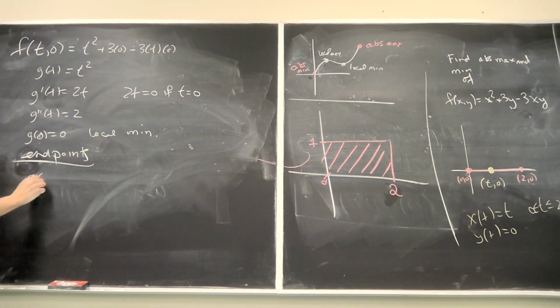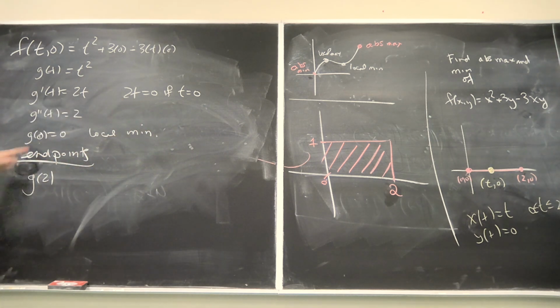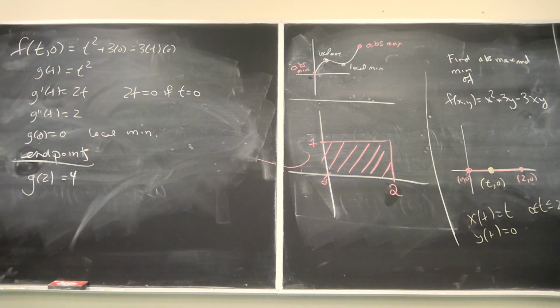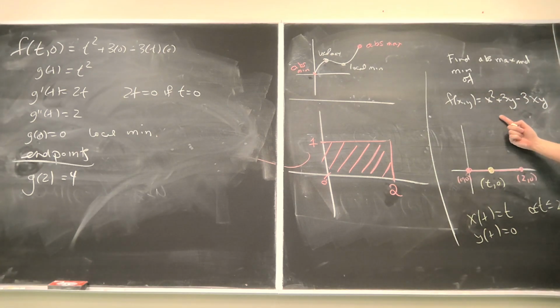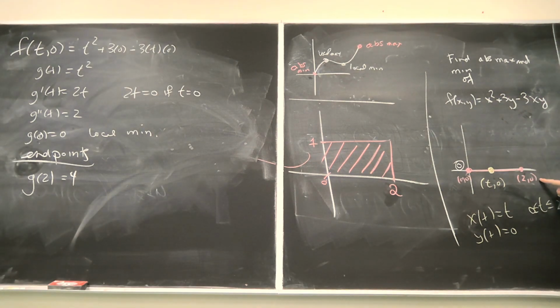We also check g of 2, because that's the end of our domain, t goes from 0 to 2. We've already checked g of 0. If we check g of 2, we get 4. So on this curve, the smallest value this function ever takes on is 0 right here, and the largest value it ever takes on is 4 right here.